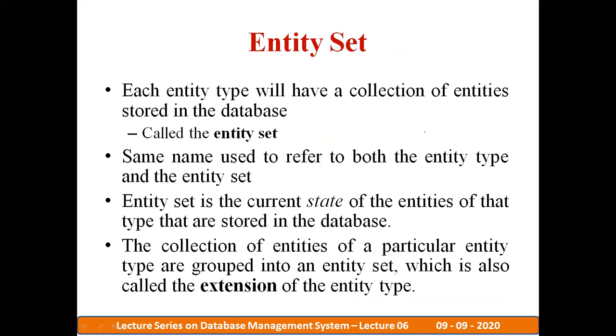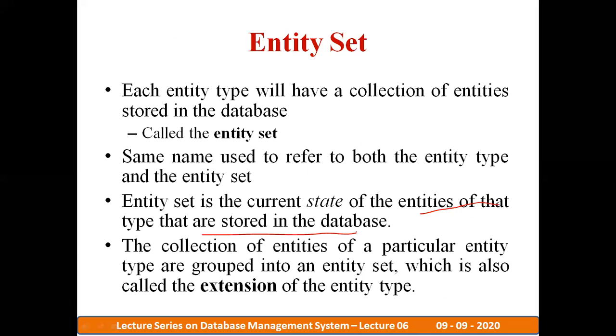Now in this case, the entity set will have the same name as the entity type. If I write company, the company can be the entity type also, and the entity set as well. An entity set is always the current state of the entities of that type and is stored in the database.